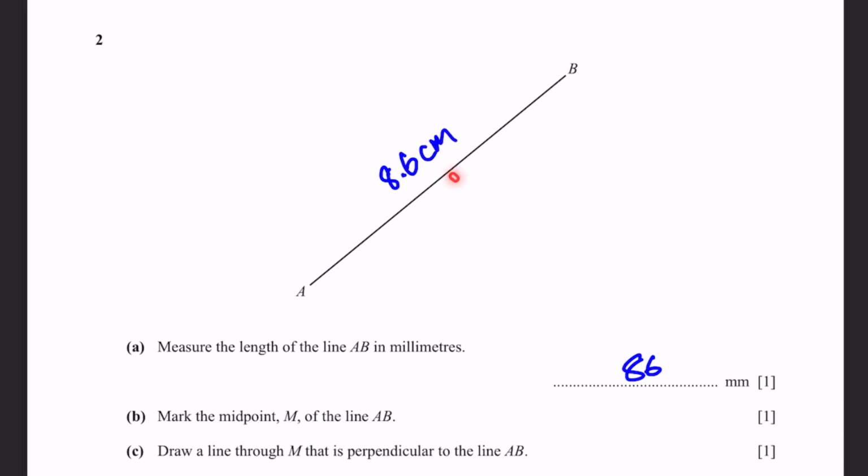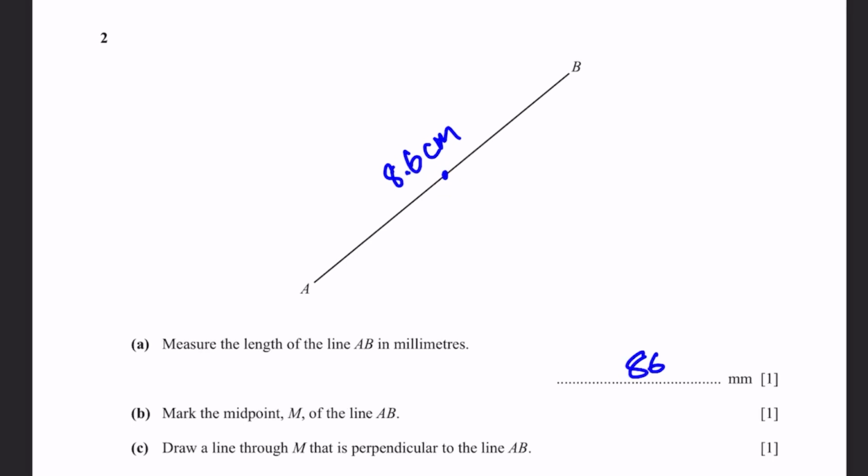Now the midpoint is at the middle of the line, which means it's halfway through the line. Halfway through the line is 8.6 divided by 2, which is 4.3 centimeters. So you need to measure 4.3 centimeters on a ruler and place a point there. Whatever shows 4.3 centimeters on the ruler, you put it there. And now we can just mark this point M.